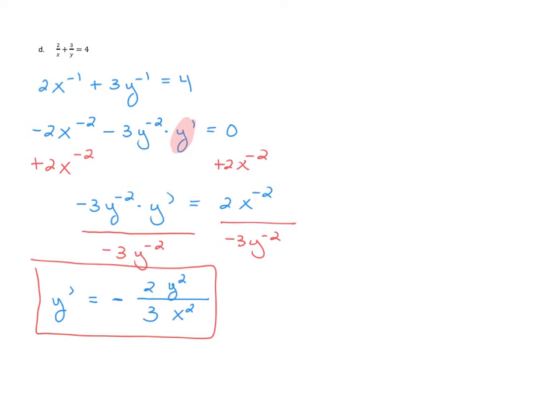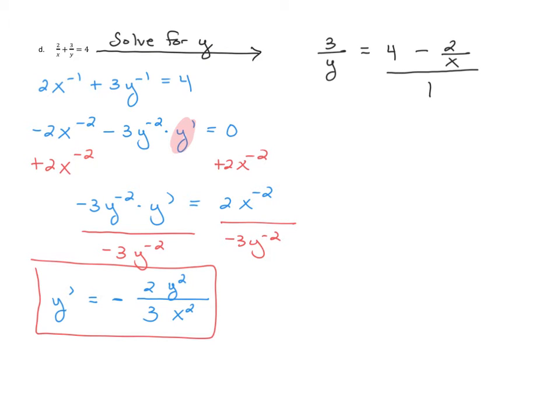But what if we didn't want to use implicit differentiation? We'd have to solve this for y. I think to do that, I'm going to subtract 2x from both sides. And if I'm solving for y, I'm going to call the entire right side a fraction over 1, because if I flip this fraction, then I can flip this fraction to get y into the numerator.